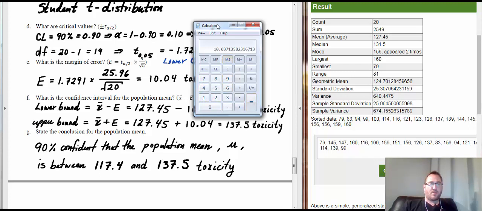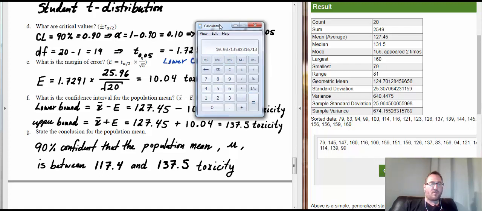Again, it's those two places to the right. If you have a graphing calculator, you can simply go from left to right.